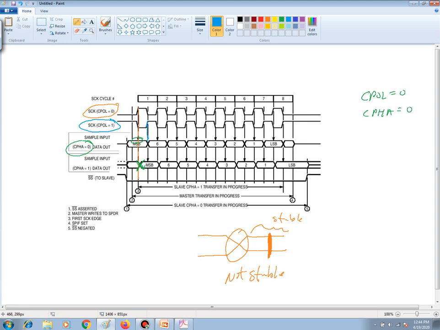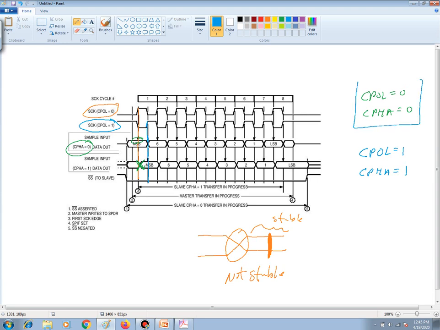And if we look down here, if we set the CPHA to 0, this data is changing. But if we look down here, with CPHA equal to 1, that's when the data is stable. So if we were to set the CPOL equal to 1, the data is stable when the CPHA is equal to 1 as well.